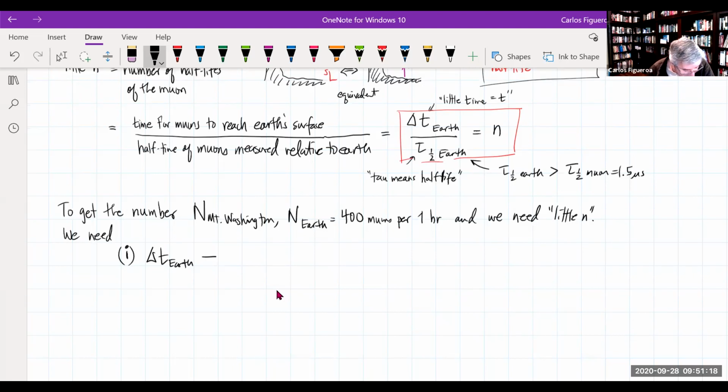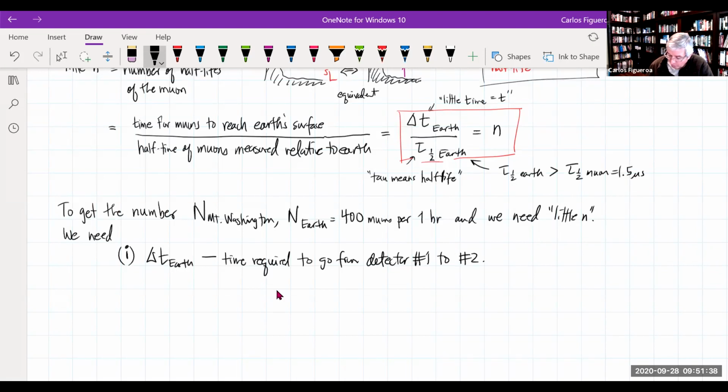And this is the time required to go from detector number 1 to detector number 2, right?